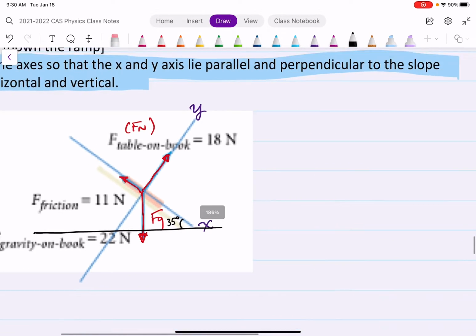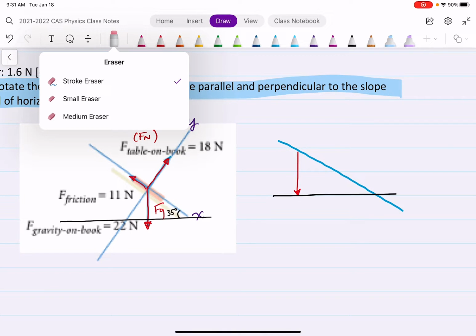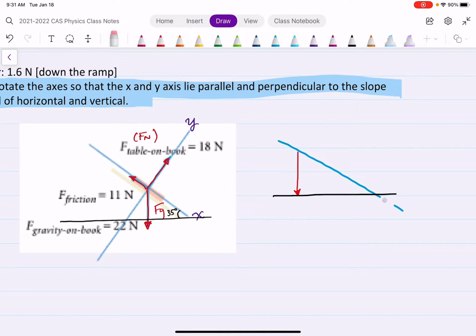I'm going to move this force vector over here. So imagine this is my force vector, and this is my slope, and this is the horizontal. So that's what we have.